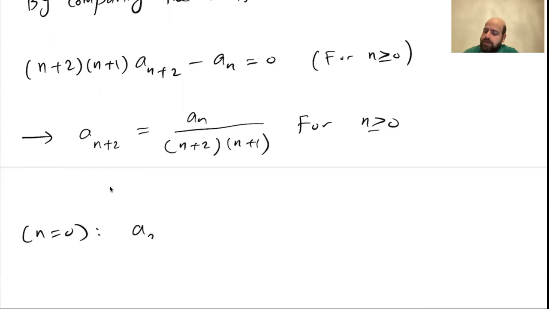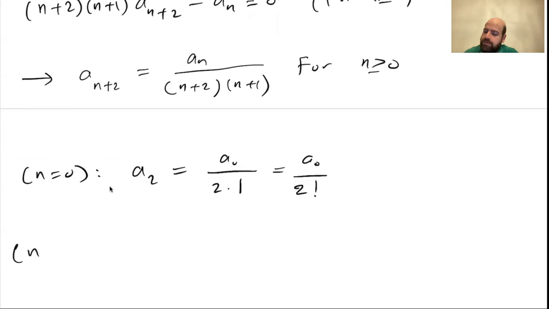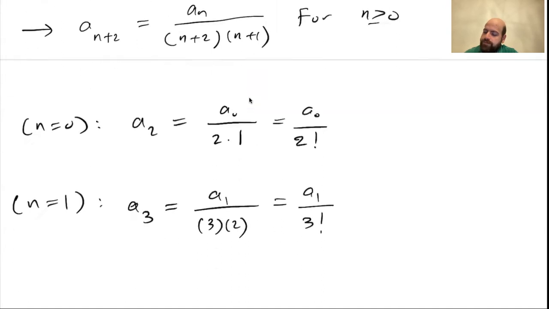what do I get? I'll get a2 equals a0 over 2 times 1, which means a0 over 2 factorial. If I replace n with 1, I'll get a3 equals a1 over 3 times 2, which means a1 over 3 factorial.